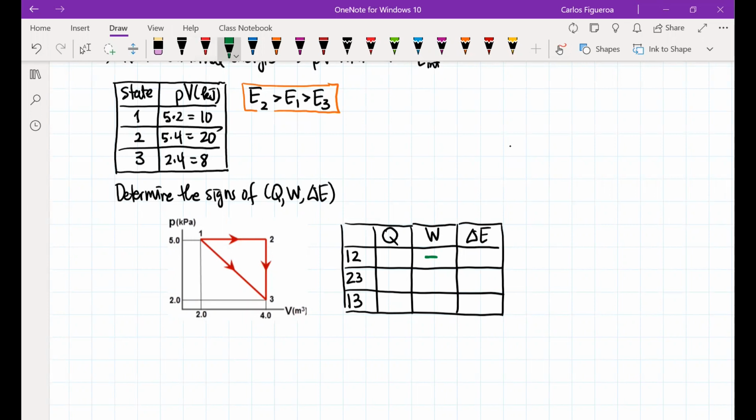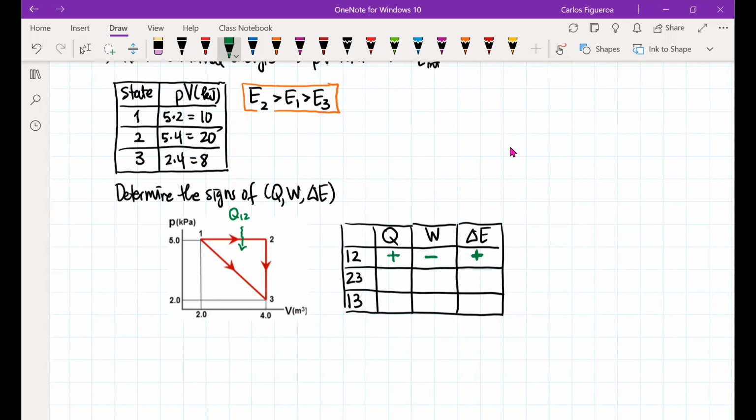So along this path we have to add energy, and in the end I have more microkinetic energy in the system. So the heat from 1 to 2 has to be added.